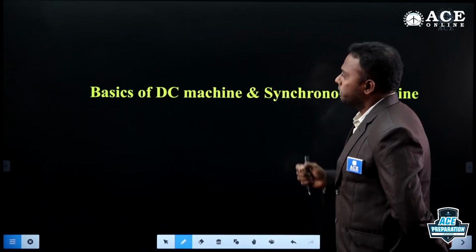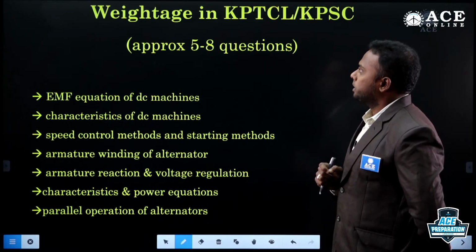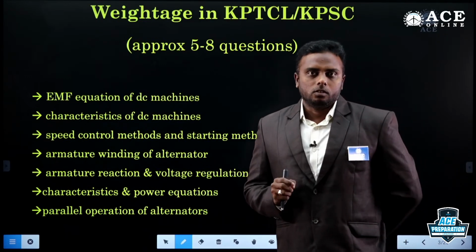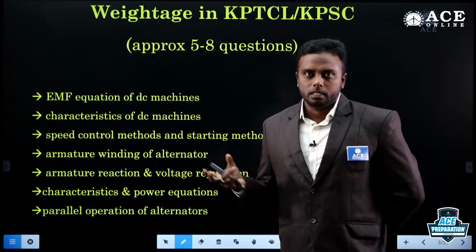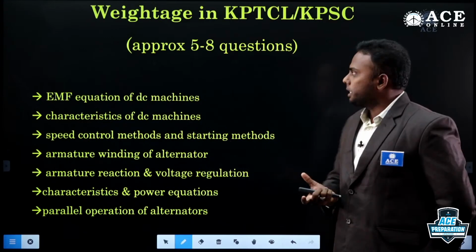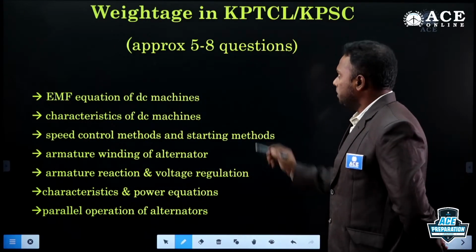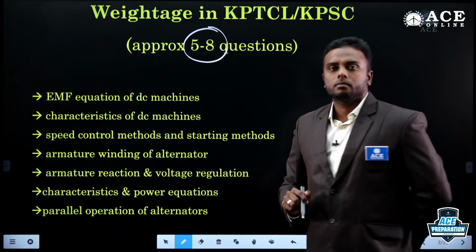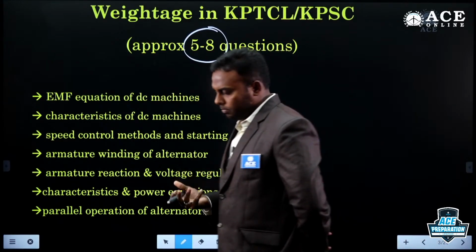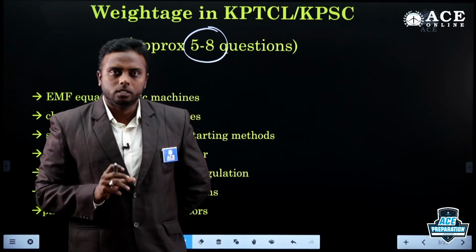Now, before that, let's see what is the weightage of this DC machine and synchronous machine combinedly in KPTCL or any state electricity boards of Karnataka. Approximately we are getting 5 to 8 questions from previous papers observation.